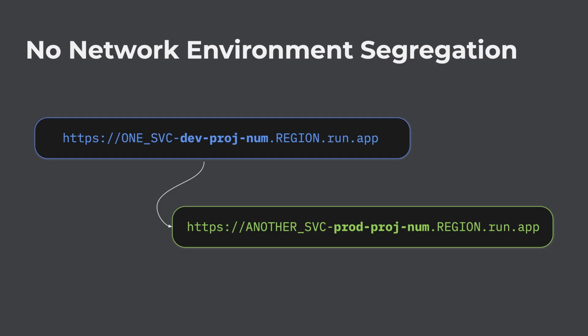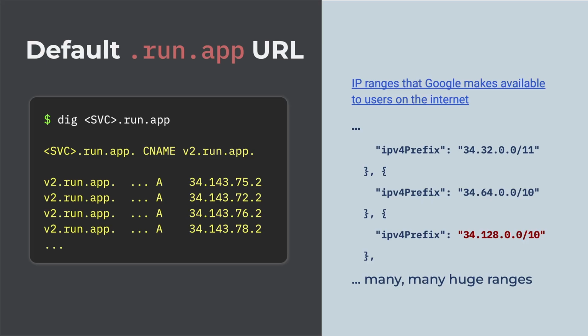But if you look closely at these .run.app URLs, all of these Cloud Runs are deployed into Google infrastructure. This is a managed service. They're deployed somewhere where you don't have control. They give you this URL and scale your instances seamlessly behind that URL. You get this managed experience.